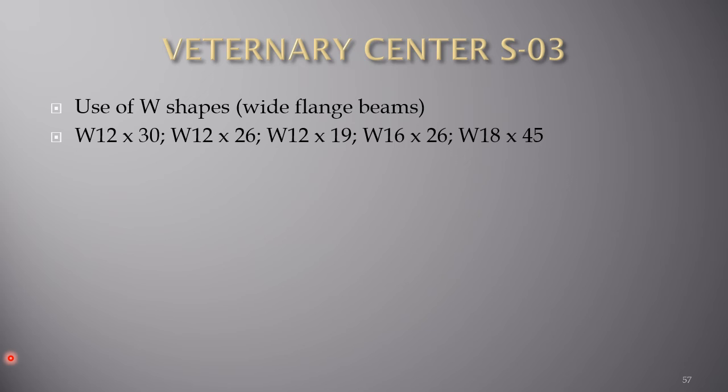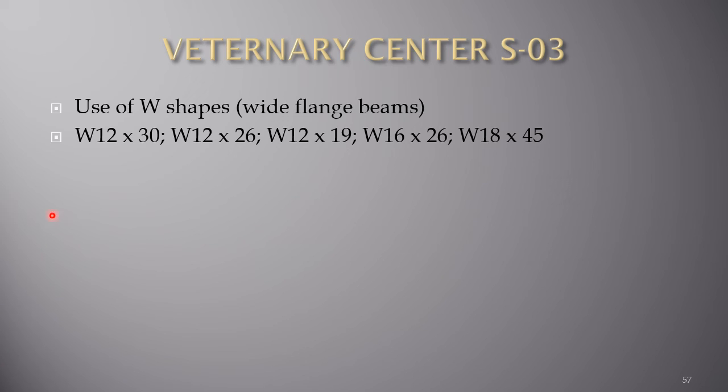So please turn to Veterinary Center sheet S03, and you'll see that this framing for this structure makes use of steel W shapes, what we used to call wide flange beams. I keep repeating this because you will sometimes see the word wide flange beams or WF, but they mean W shapes. The present use is to call them W shapes, but you'll still find people like me calling them wide flange beams.